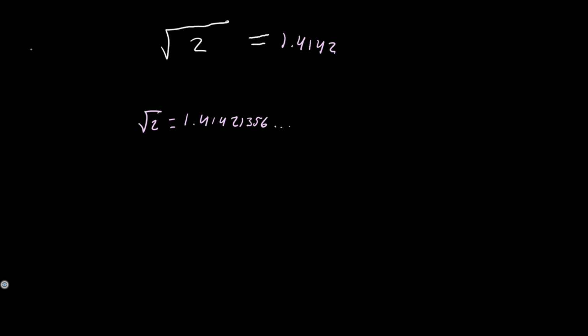And we see here that we got the first 4 decimal digits correct, which is a great approximation if we were to want to find the value of the square root of 2. And this could be done for any number.